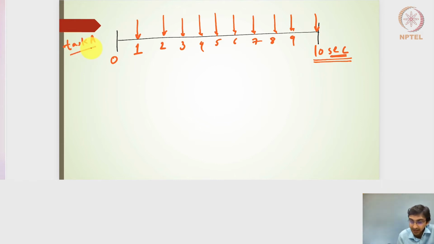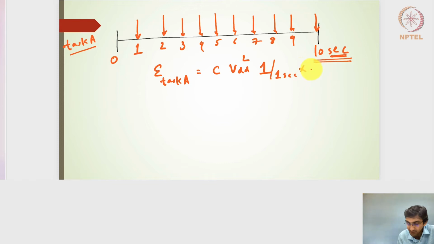The energy required for task A I'm going to write as C VDD square, and then the rate for 10 seconds. The rate is 1 switching per 1 second, multiplied by the duration of interest, which is 10 seconds. So this will be the energy expended for completing task A.